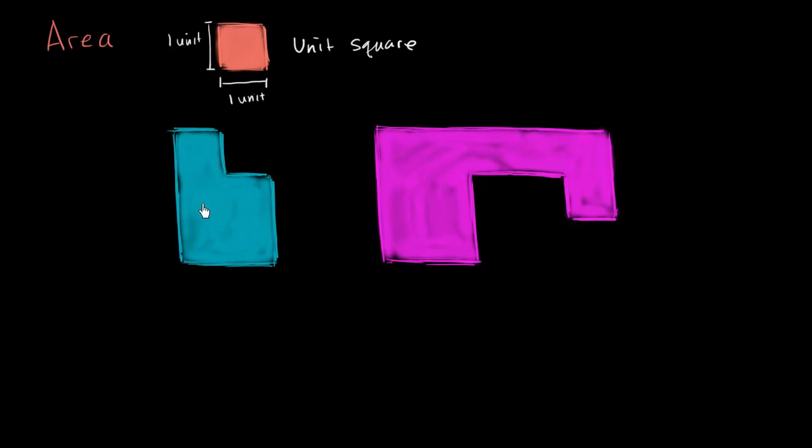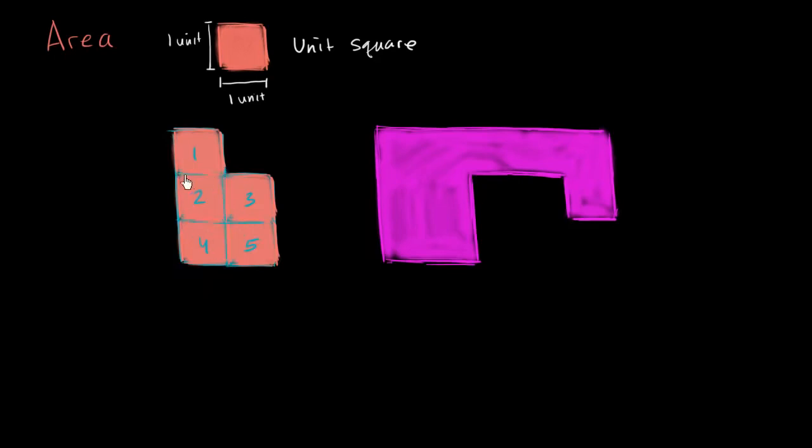So I'll start with this blue one. So we could put 1, 2, 3, 4, 5 unit squares. And let me write this down. So we got 1, 2, 3, 4, 5 unit squares, and I could draw the boundary between those unit squares a little bit clearer.